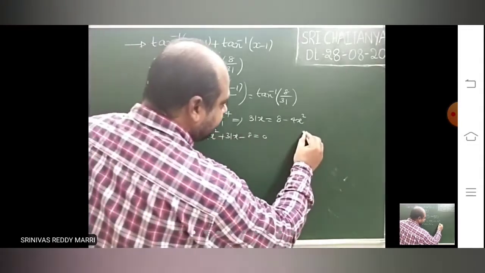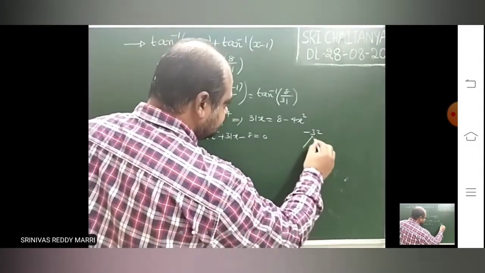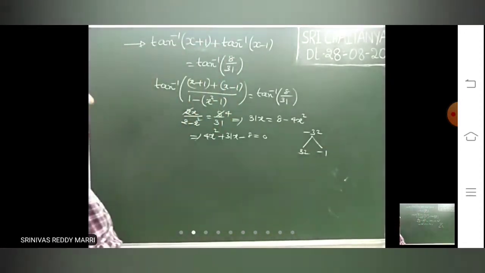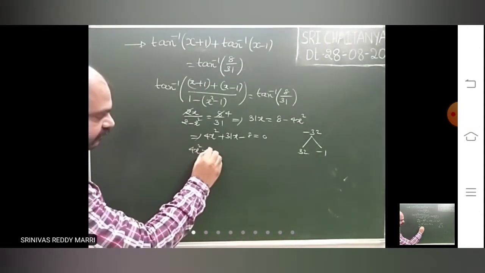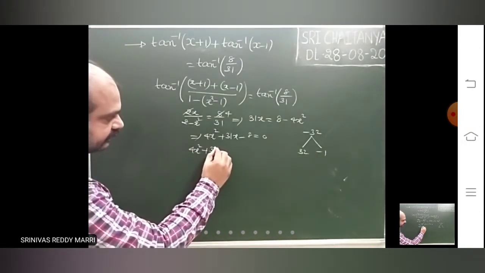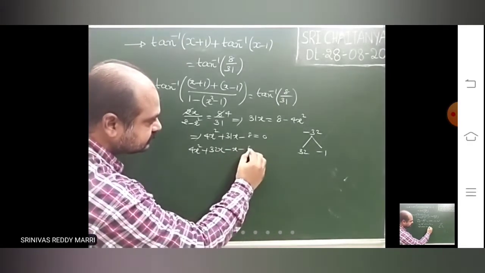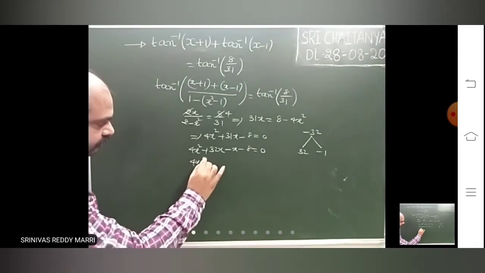Factorize: 4 into minus 8 is minus 32. So 31 is there. That means the factors will be 32 and minus 1. So you will get 4x square plus 32x minus x minus 8 equal to 0.